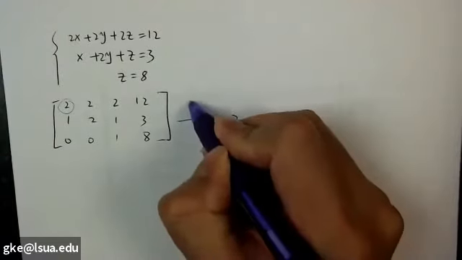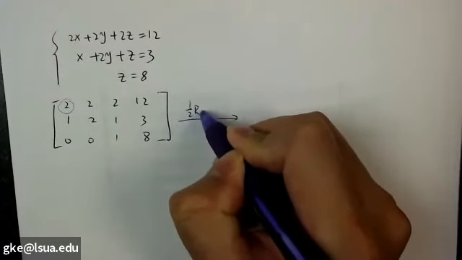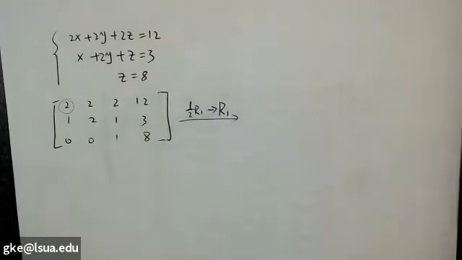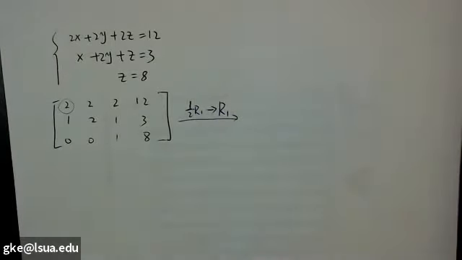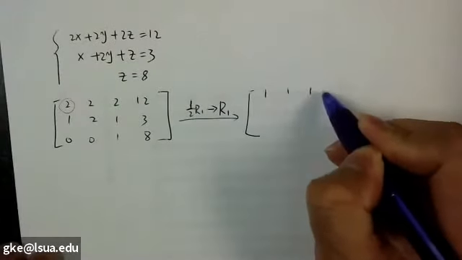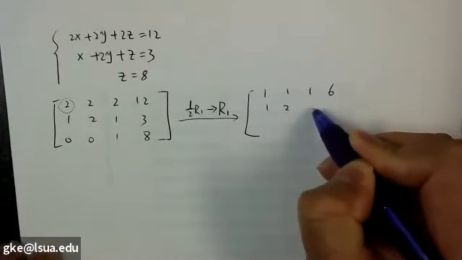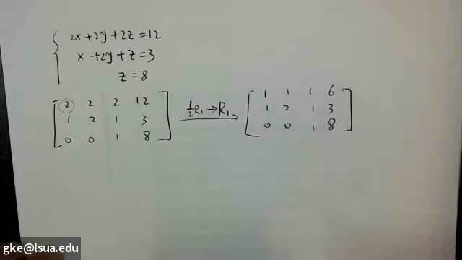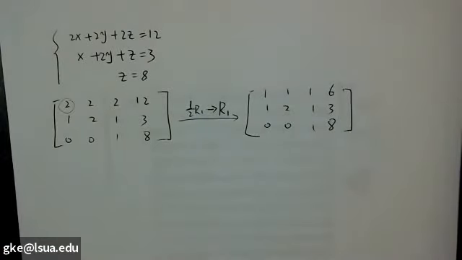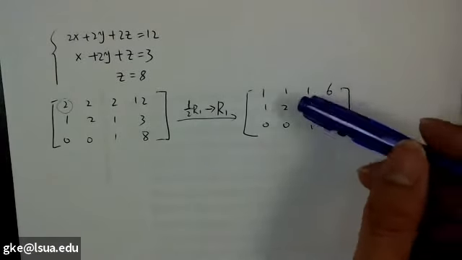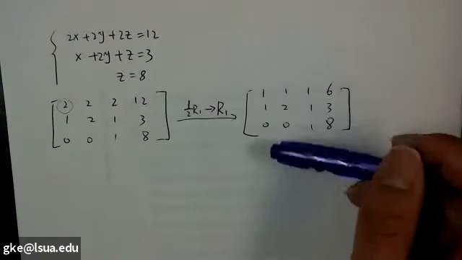So we want the first row divided by 2. Right? And we're going to get 1, 1, 1, 6; 1, 2, 1, 3; 0, 0, 1, 8. Okay. Now we always want to use the first equation to eliminate the first variable.